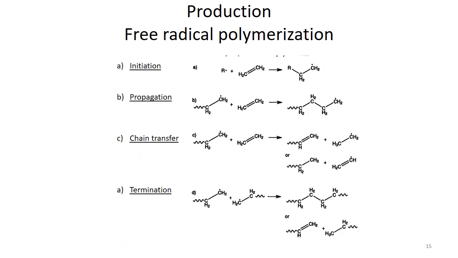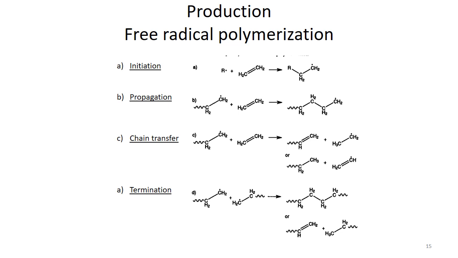Here is what we discussed in the previous slide. As you can see, they have used an R radical as an initiator. This R radical comes from the initiator molecule, which we said could be some peroxide, or traces of oxygen present in the polyethylene sample.